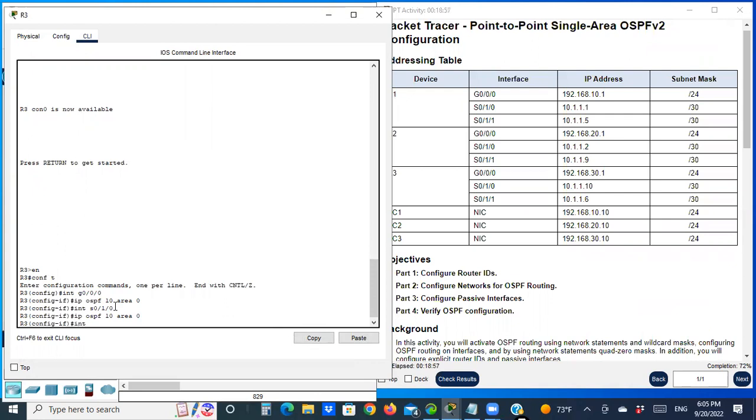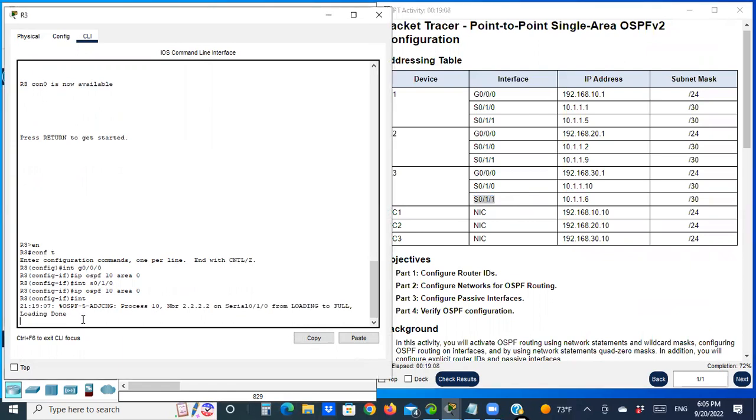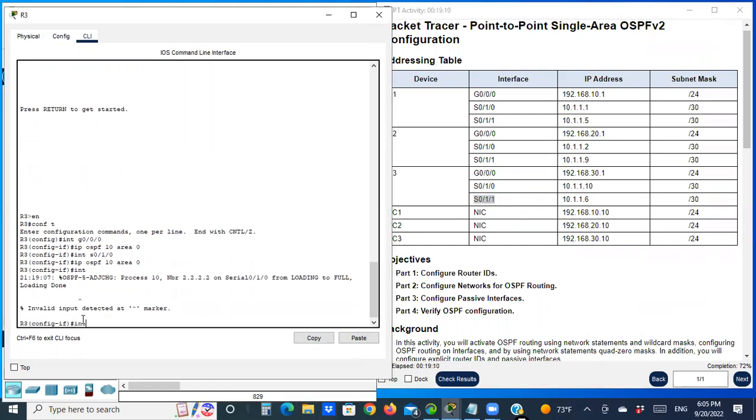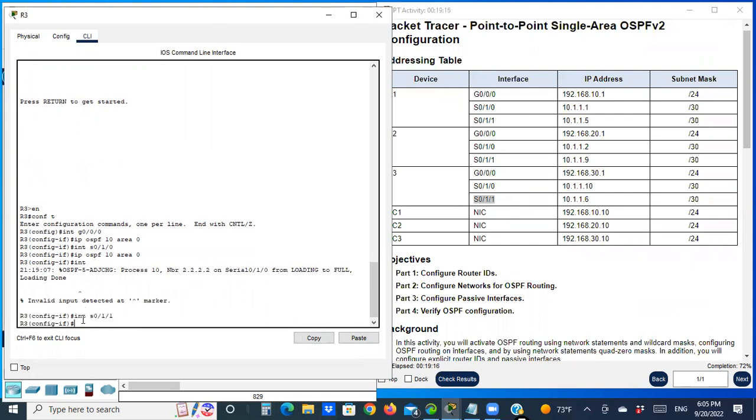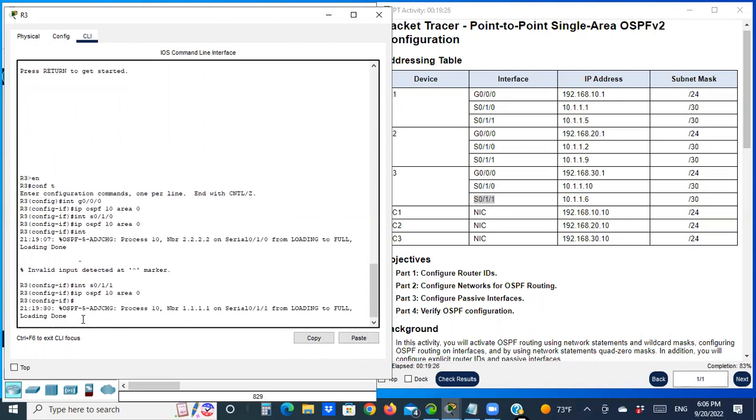Third one, interface S0/1/1. Same thing, ip ospf 10 area 0. Okay, we're done here on R3.